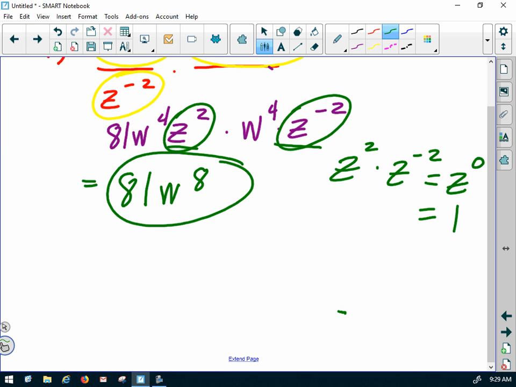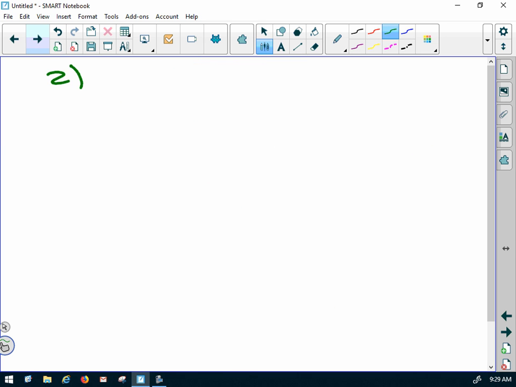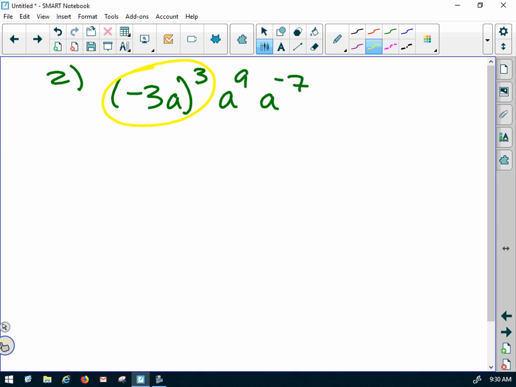Look at number 2. Negative 3a all cubed times a to the 9th times a to the negative 7. Which piece do you think you might address first? Address the parentheses first. Now, which rule will address that? Power of a product. So that's going to be negative 3 to the 3rd power. Can you think what negative 3 to the 3rd power is?